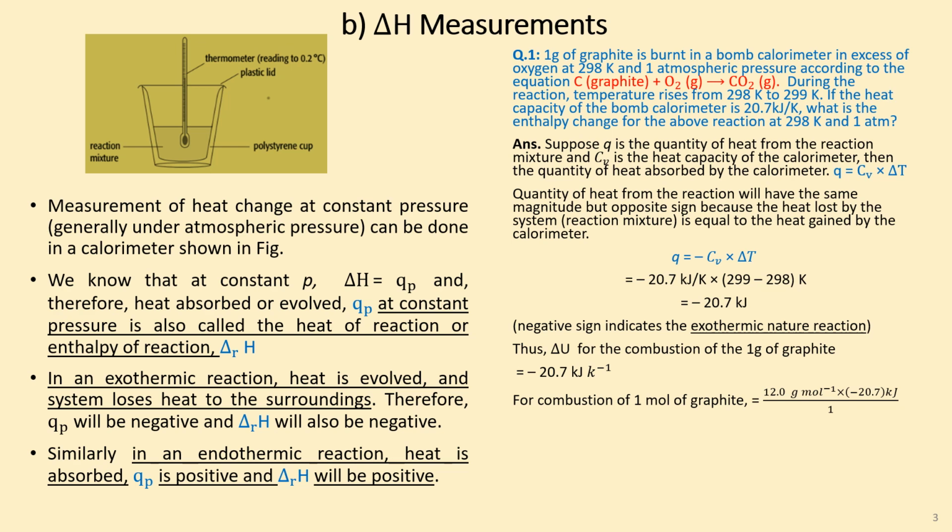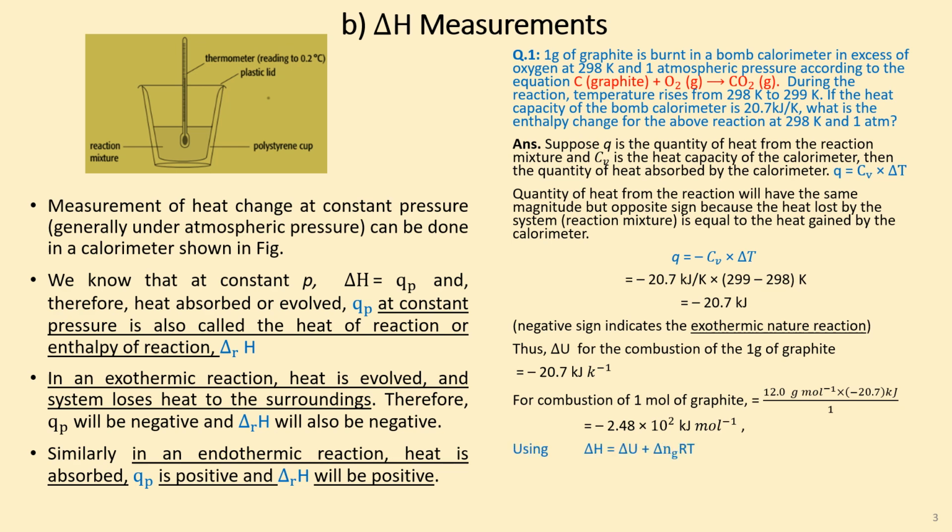Therefore, for combustion of 1 mole of graphite, with molar mass M = 12 grams per mole, it will be 12 × (−20.7 kJ divided by 1 gram), which is equal to −2.48 × 10^2 kJ per mole.